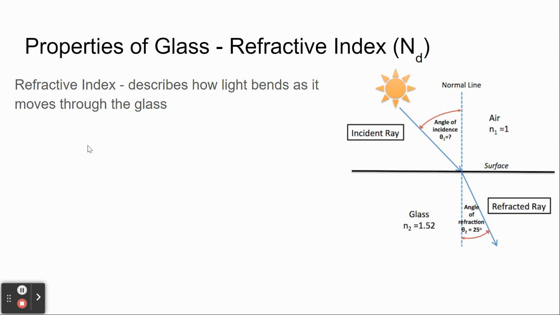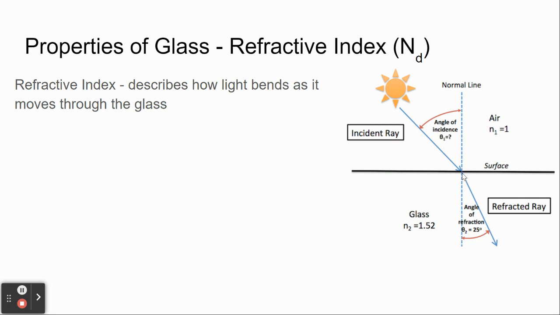And what we know is that as light travels through the air, there are very few things that it's going to interact with that are going to slow it down. However, because of the particles in glass or particles in water, the light is going to slow down significantly.